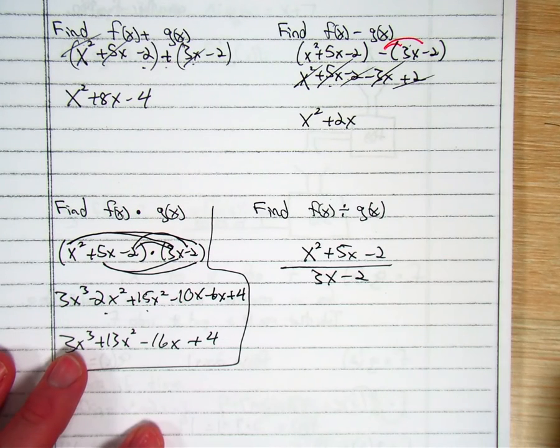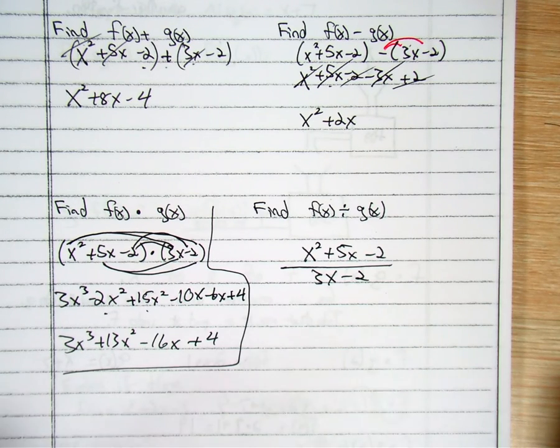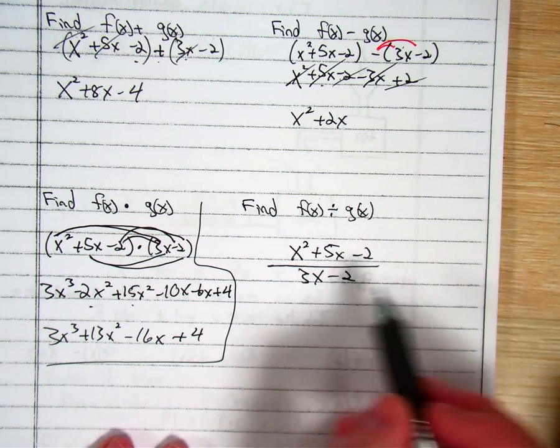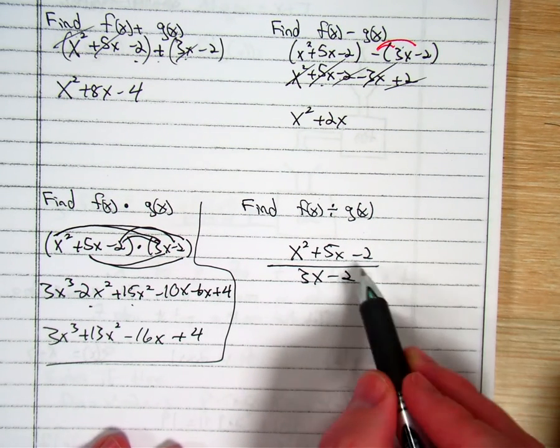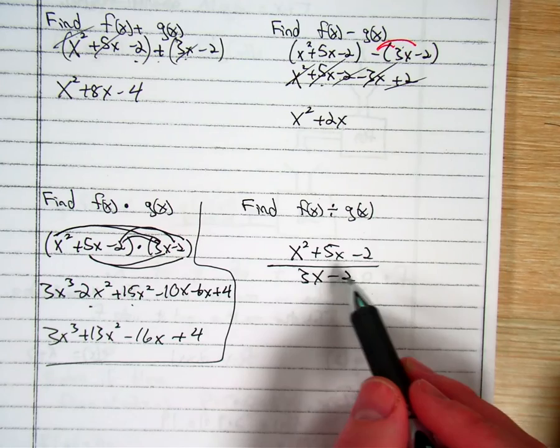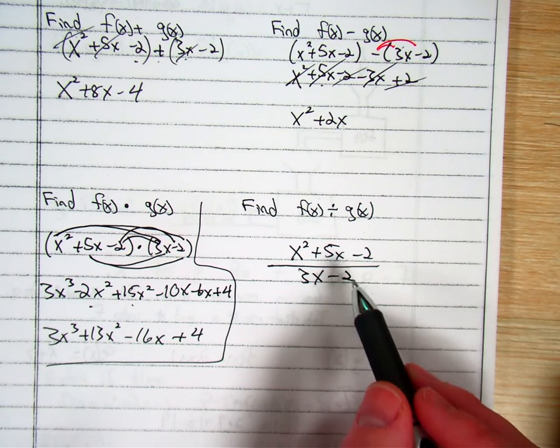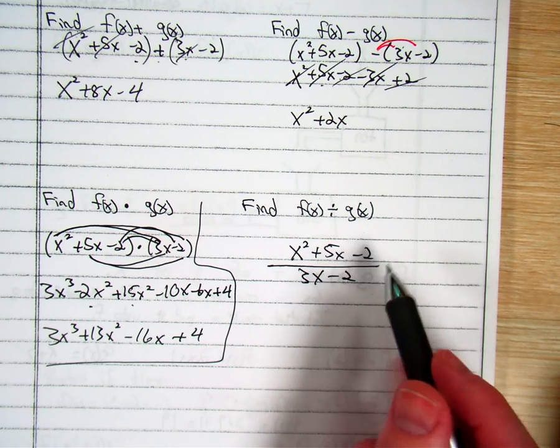Pretty easy. Now a little trade-off. You do have to do one extra little bit of work off to the side, but we're not going to have to do long division or synthetic division with this. We're just setting this up for factoring and canceling later. We're not actually going to divide, but we do have a little trade-off here, a little bit of extra work that's different.